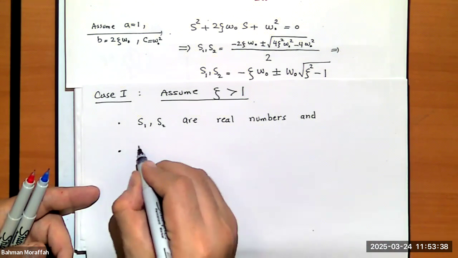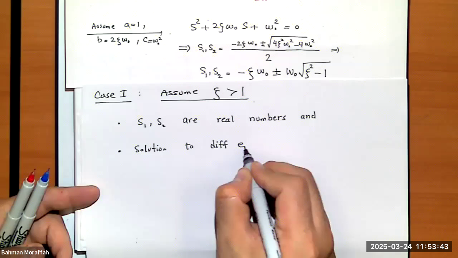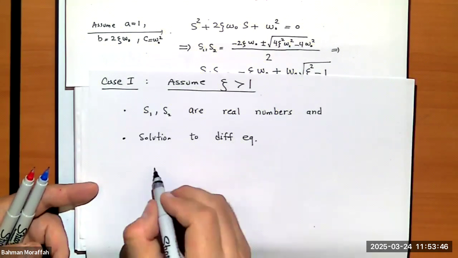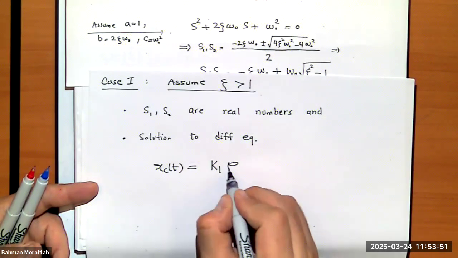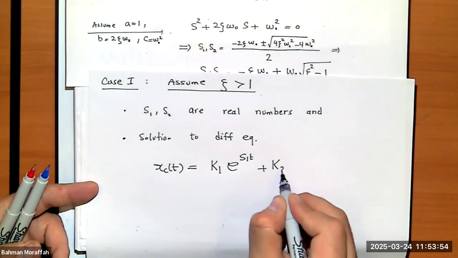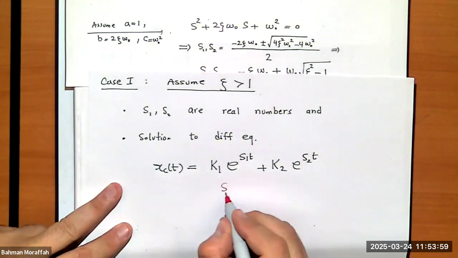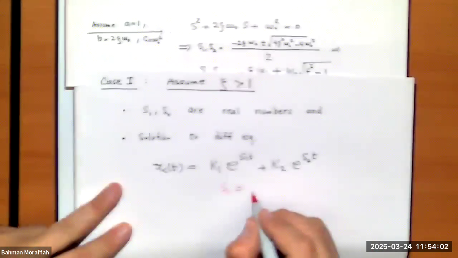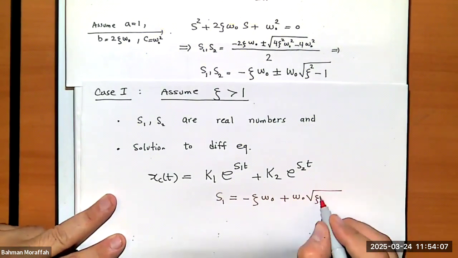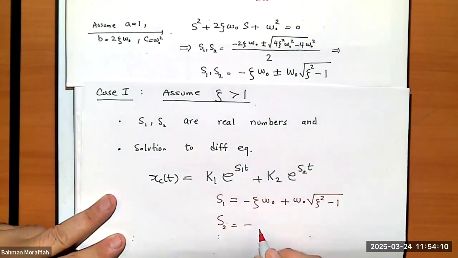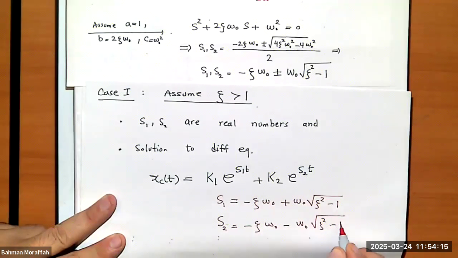And the solution to the differential equation is x_c of t equals k1 e to the s1 t plus k2 e to the s2 t, where s1 is minus zeta omega naught plus omega naught times the square root of zeta squared minus 1, and s2 is minus zeta omega naught minus omega naught times the square root of zeta squared minus 1.